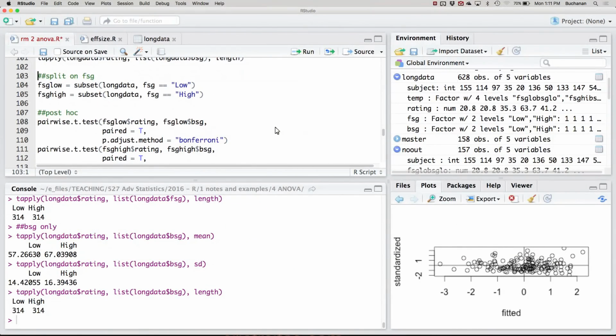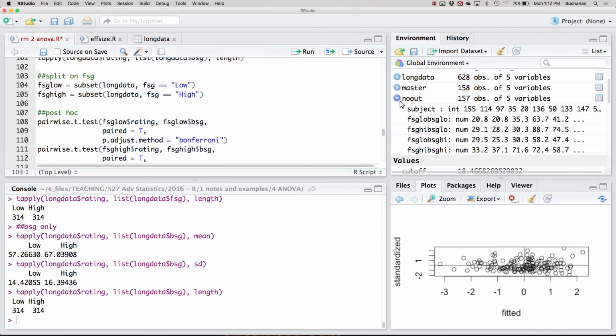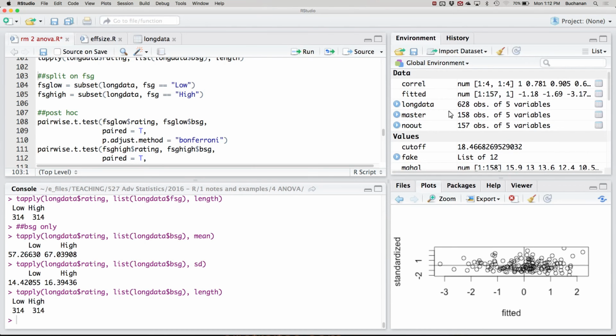So this is the subset function we have been using all semester for outliers and missing data, now to split. Now here's something you want to do when you're doing this. Long data has 628 observations. So whatever you do to split it should still add up to 628.